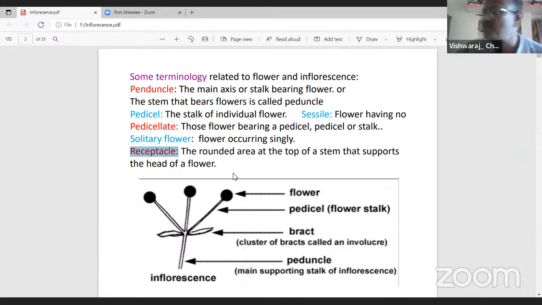That is called the receptacle. Receptacle.